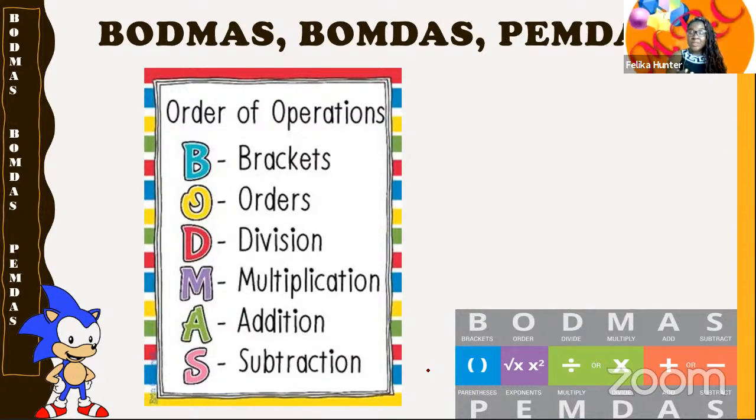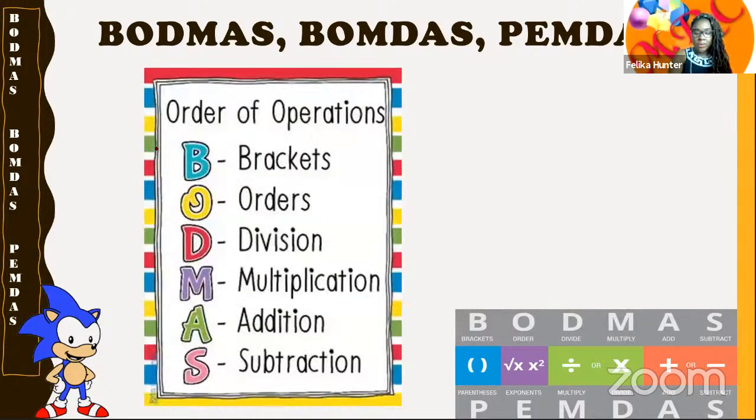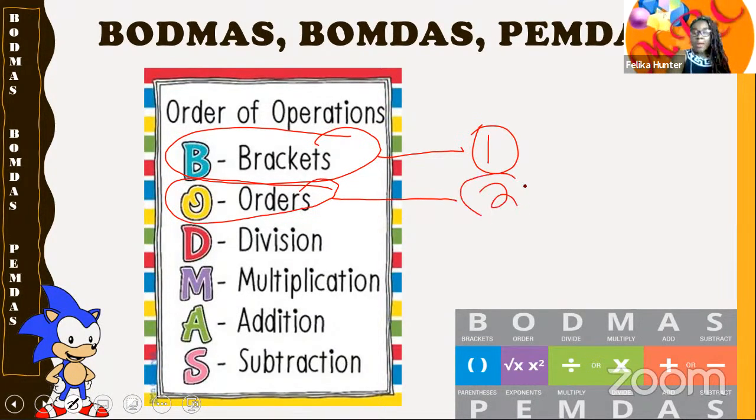The first thing when you see a question, you're going to look to see if there's brackets. If there's brackets, we're going to do that part first. So that's number one. The next thing is orders, and this stands for if we have powers or roots.